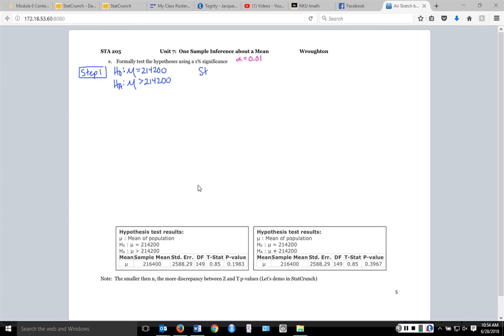All right, for step 2, that's our decision rule. So we're going to be using that alpha that we just labeled. So we're going to reject our null hypothesis and believe the alternative hypothesis if our p-value or probability is less than our alpha, which here was 0.01.